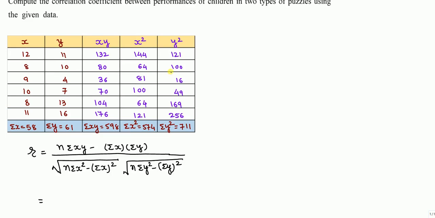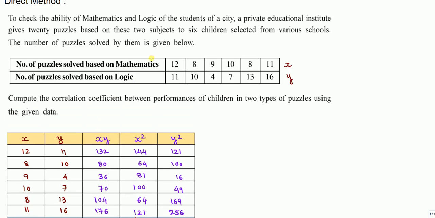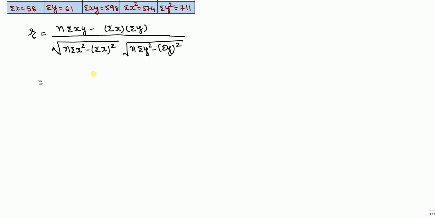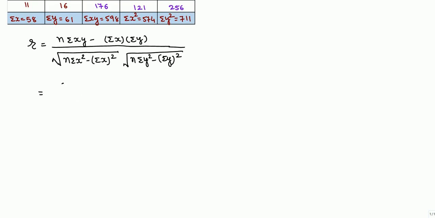First, how many observations are given? It is already given in our question. There are a total of 6 children, meaning 6 observations are given. So n equals 6. 6 into summation xy, here we find 598, minus sigma x, 58, into 61.